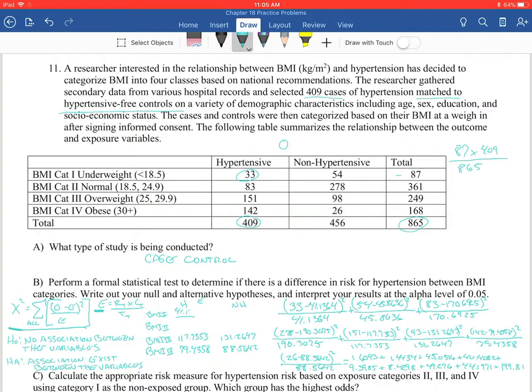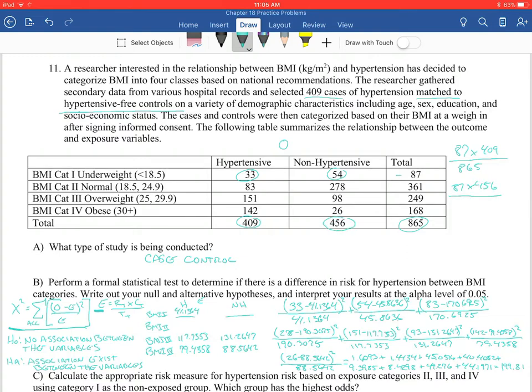When you multiply and divide, you get a value of 41.1364.